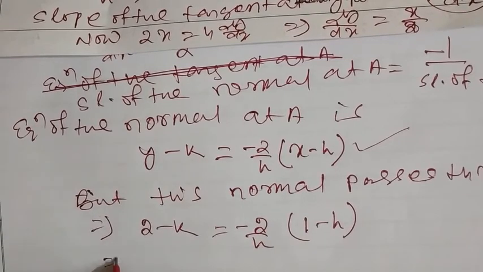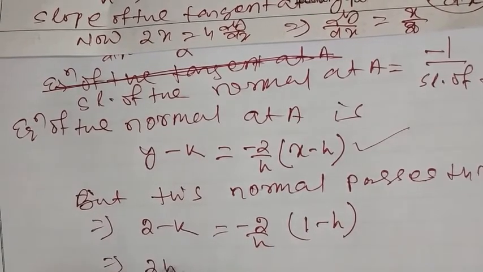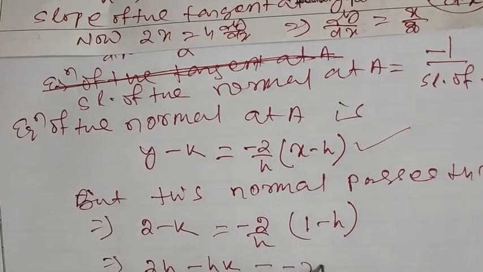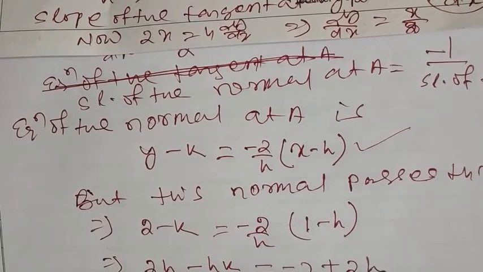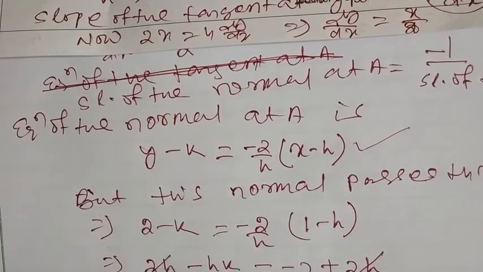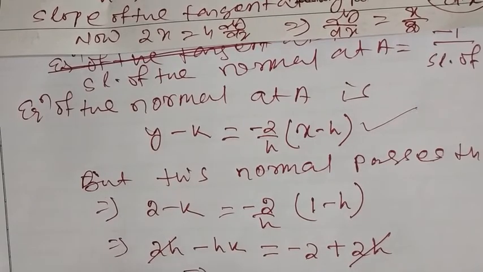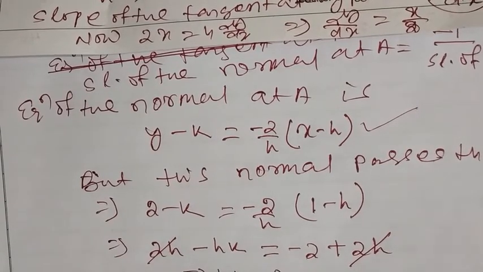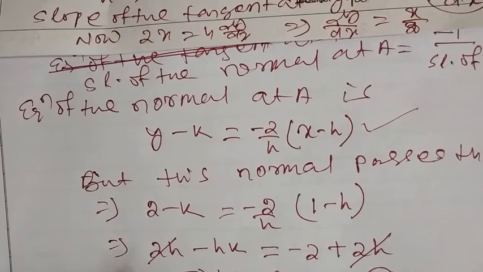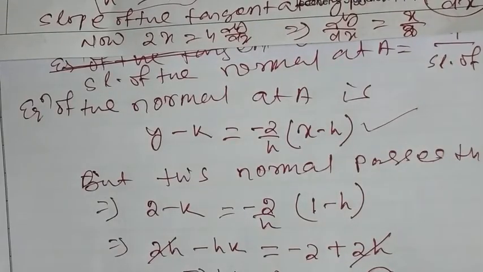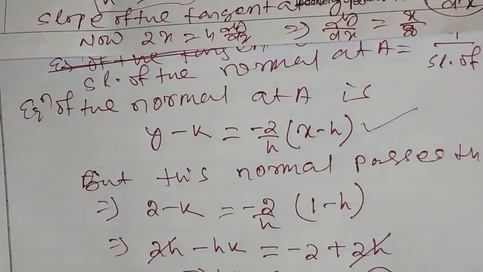So this gives me 2h minus hk equal to minus 2 plus 2h. Cancelled. Okay. So I got hk is 2. This is equation 2. What was my equation 1? h square was 4k.